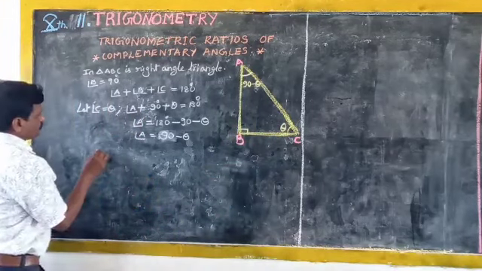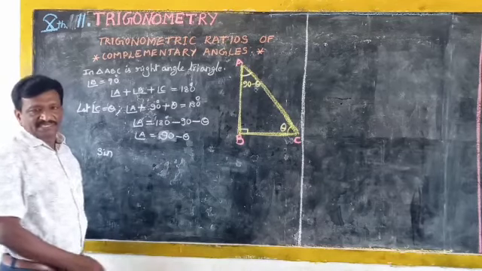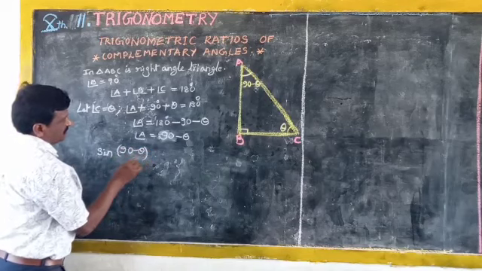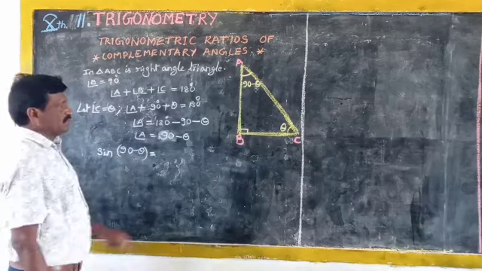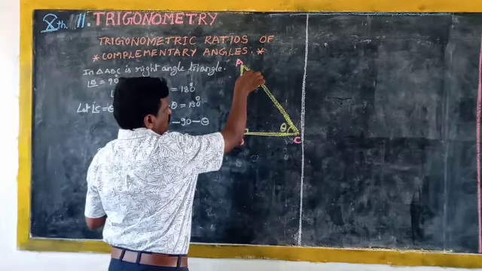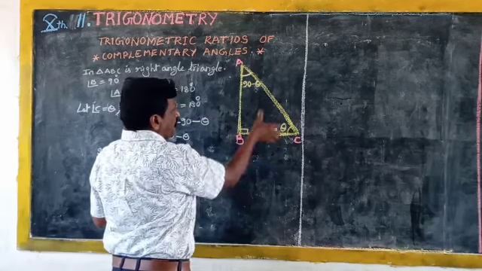Next, we will find sin of 90 minus theta. This is 90 minus theta. Sin is opposite side by hypotenuse.